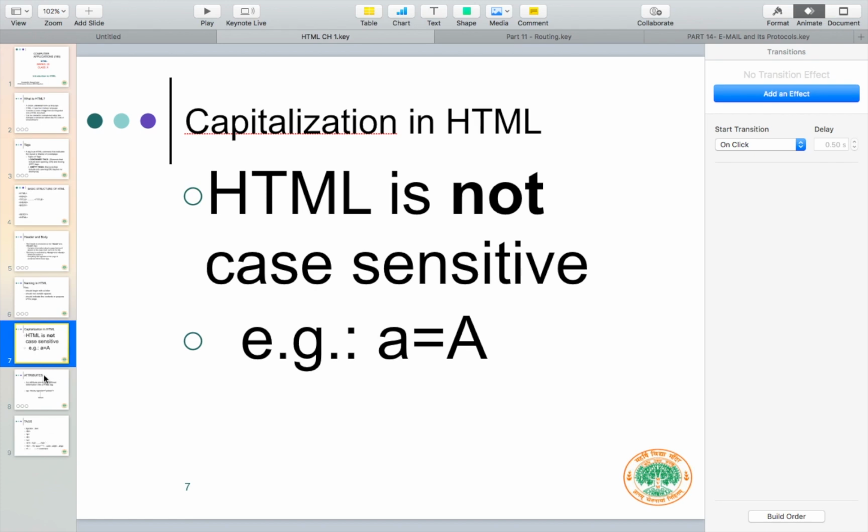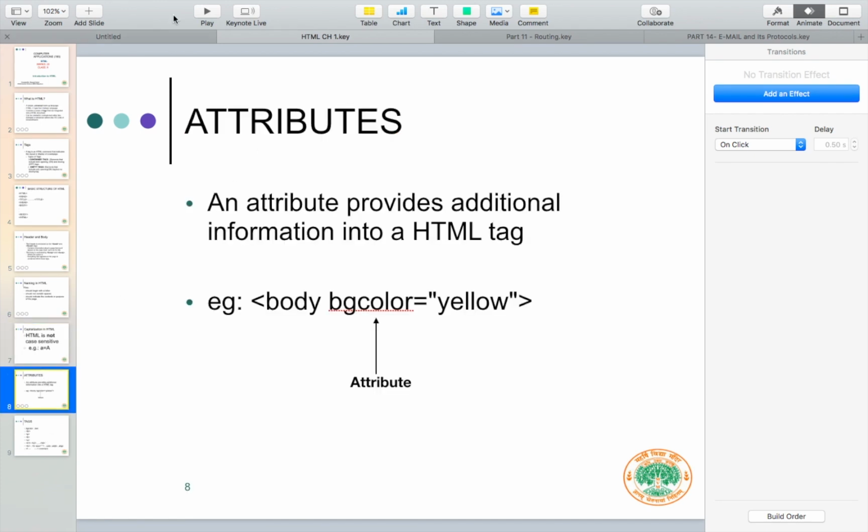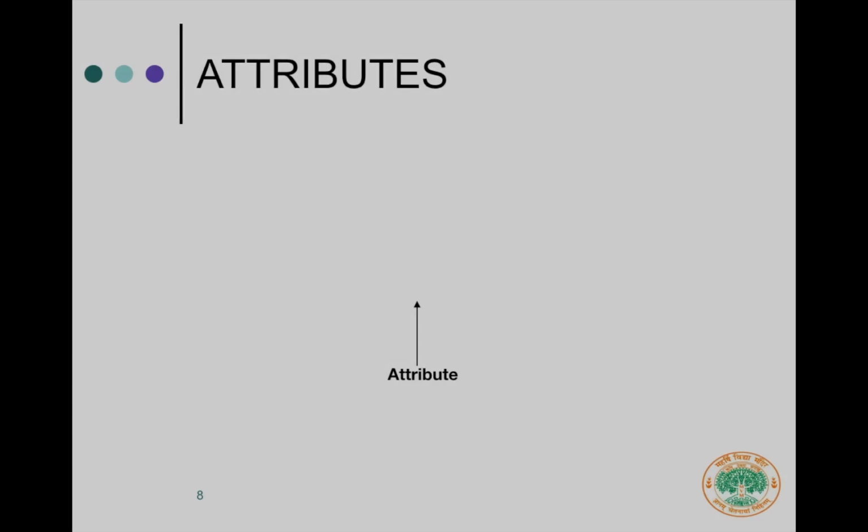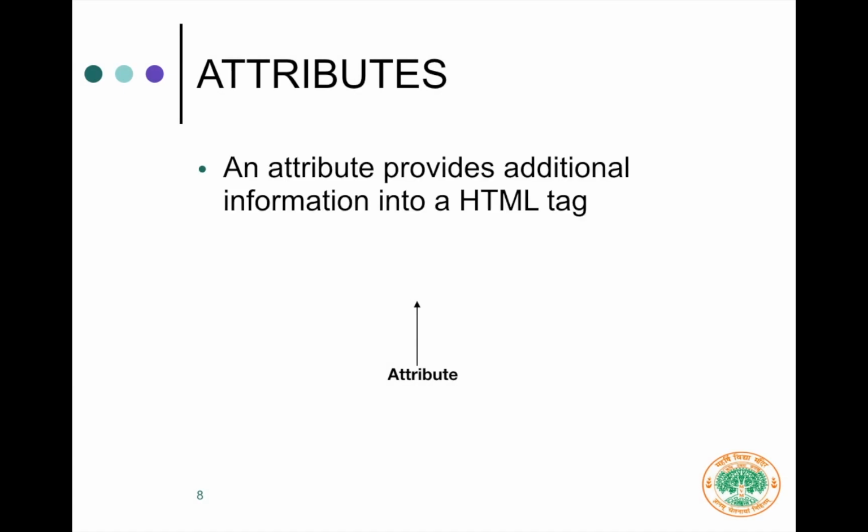Let's try to understand another thing which is known as attributes. So what is an attribute? Till now we have written only tags, but with certain HTML tags there is additional information. Whatever additional information is given along with the HTML tags is known as an attribute.